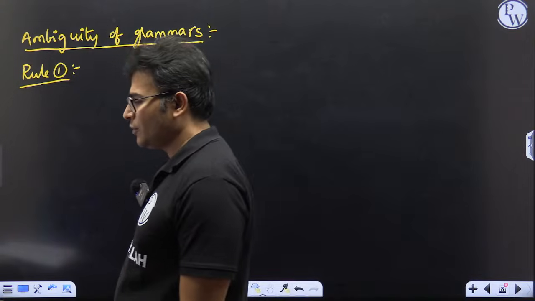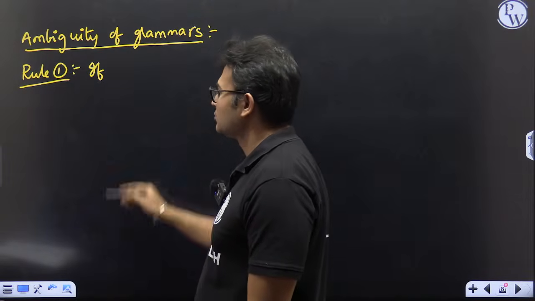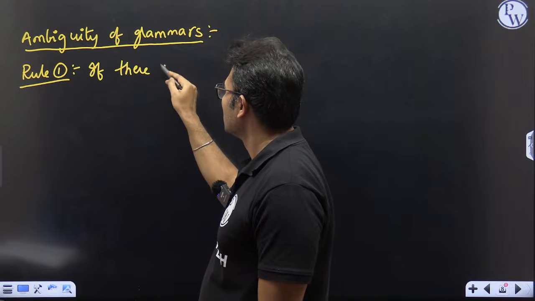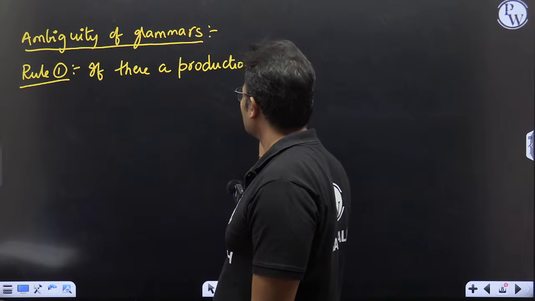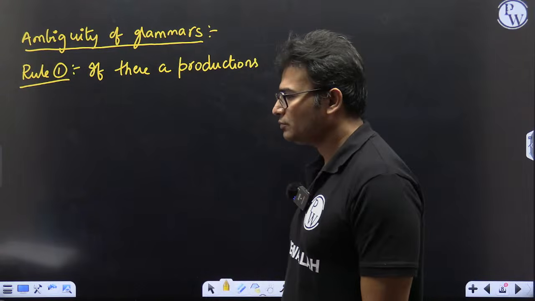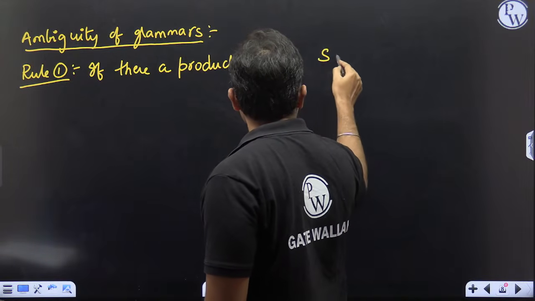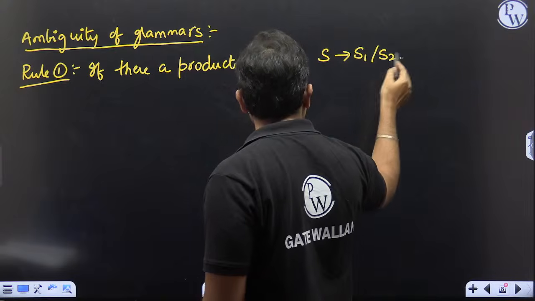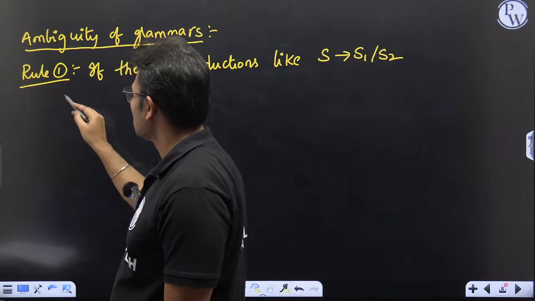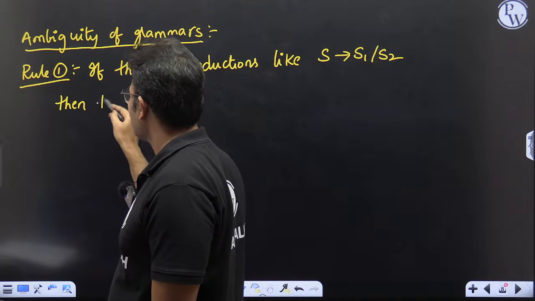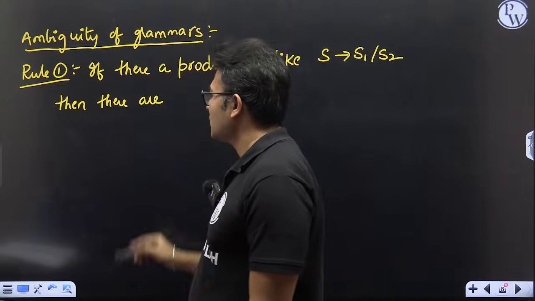Rule number 1 is, if there are productions like S derives S1 or S2, then there are two paths.